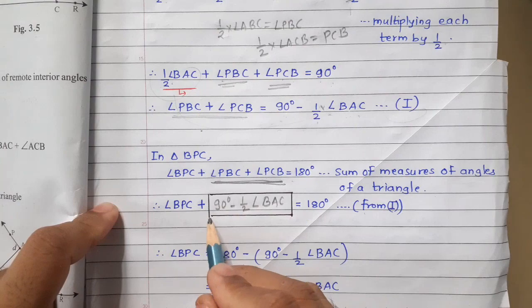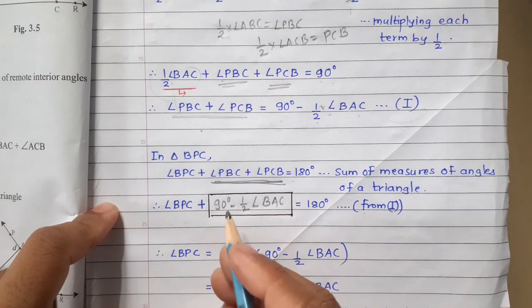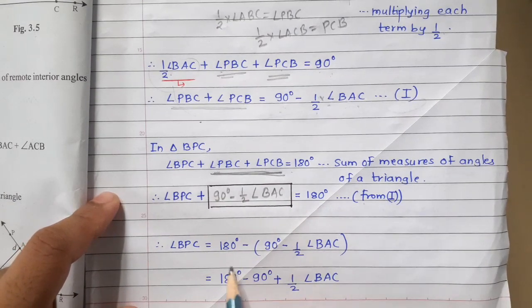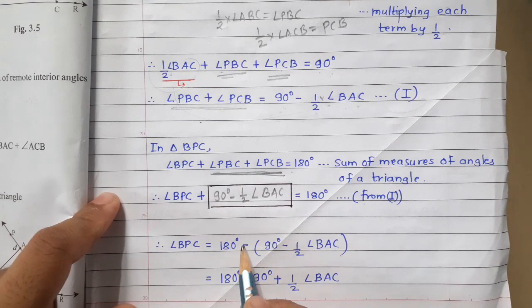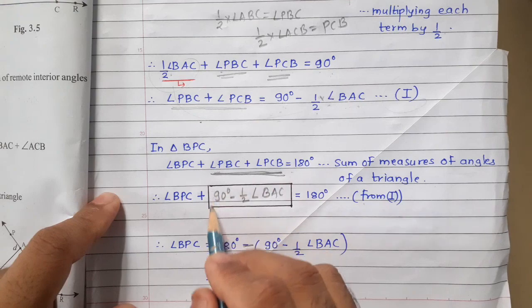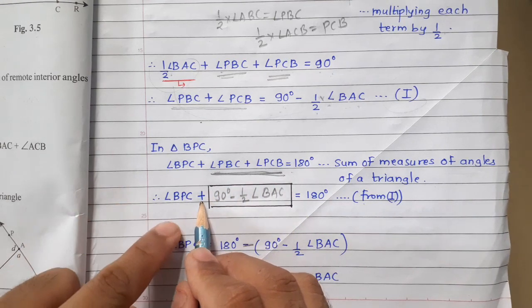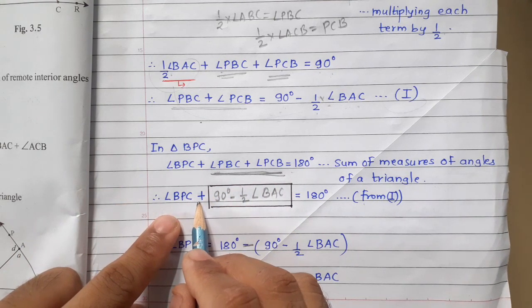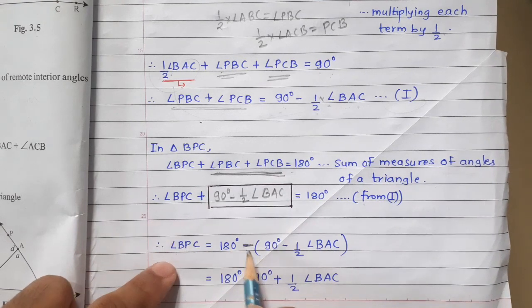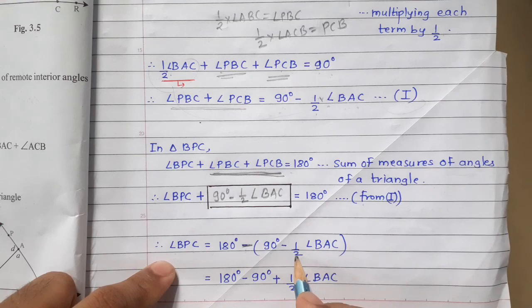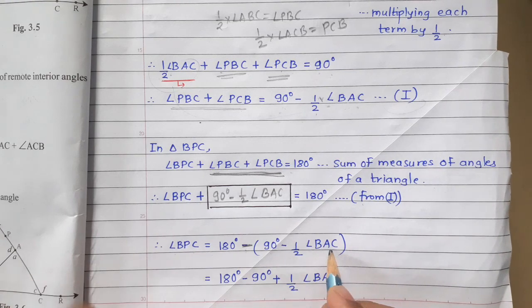Now send this whole term to the right hand side. Then angle BPC is equal to 180 degrees minus, because the whole term is positive on the left hand side and becomes negative on the right hand side, 90 degrees minus 1/2 multiplied by angle BAC.